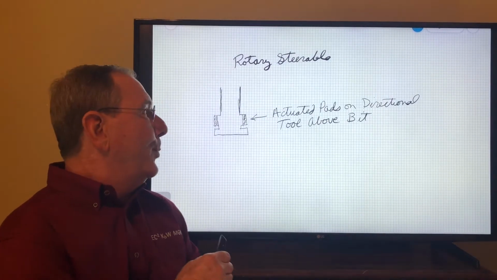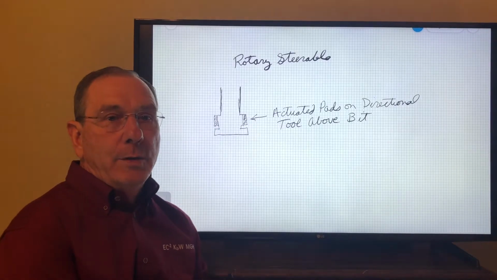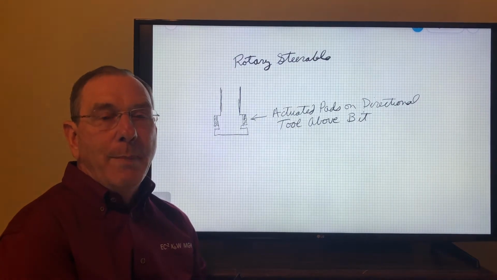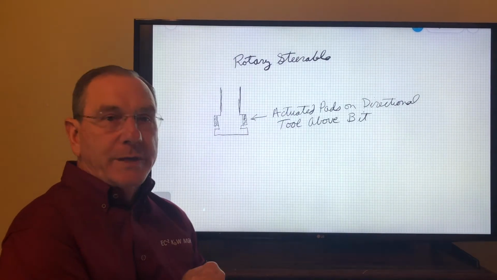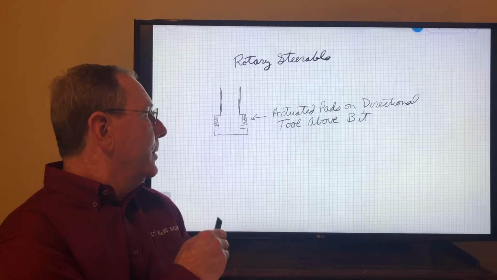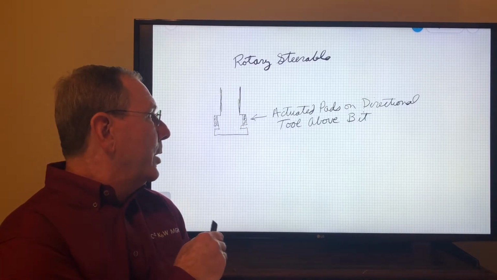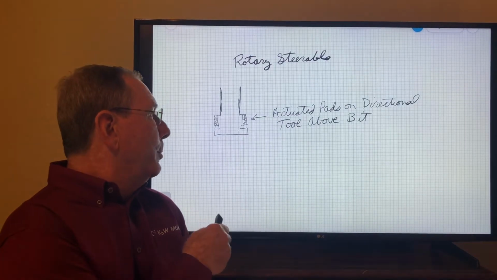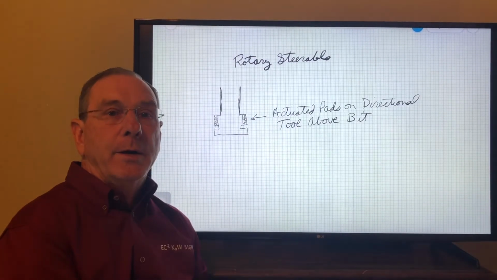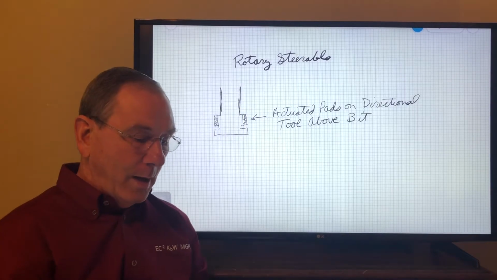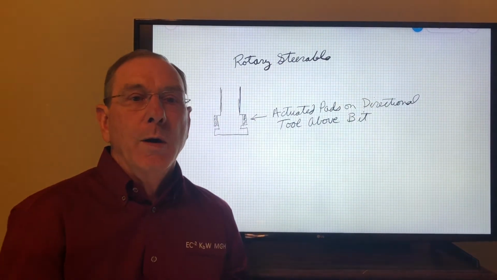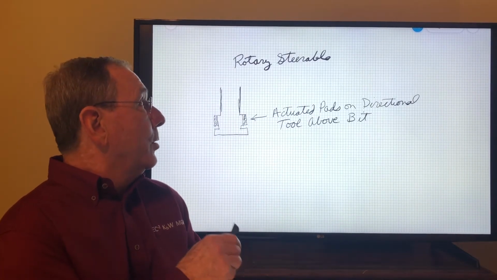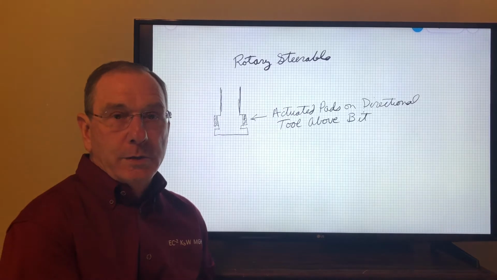By pushing against the borehole, say to the north and to the east, you can make the well bore go to the southwest. It does extremely well at keeping the bit from moving around and gives you a very smooth well bore. If you want the smoothest well bore possible, drilling it with a rotary steerable assembly will give you that.